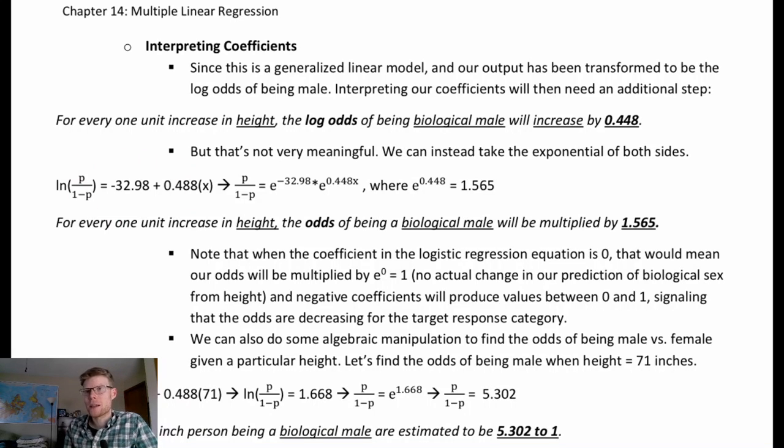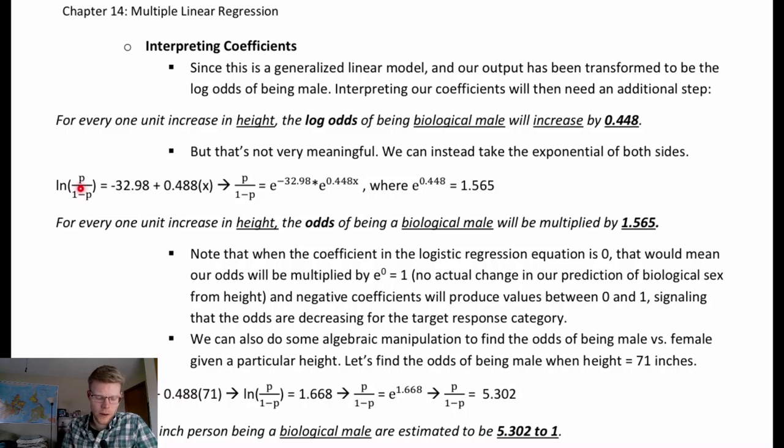We can start from that, and then work through some algebraic manipulation to see how we can eventually get to a prediction of P itself, as opposed to a prediction of the log odds or just the odds of being biologically male in this case.